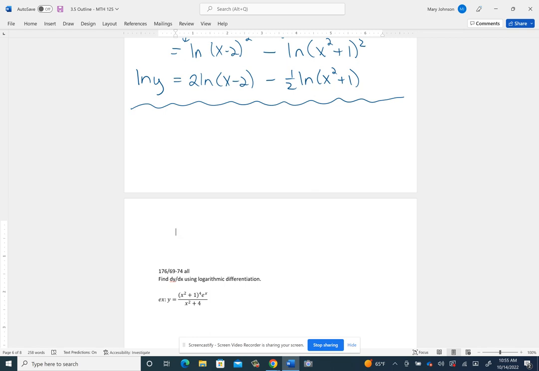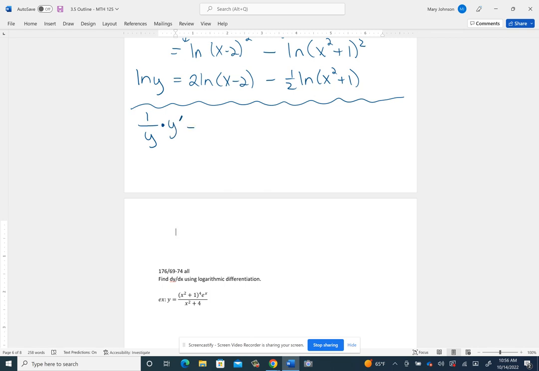Now, on the left-hand side, when I do the derivative of ln y, the natural log of y, I'm really using implicit differentiation. Remember that y is a function of x. So when I do the derivative on that left-hand side, I'll think of it just like a derivative of a natural log would be 1 over your input, but don't forget that y is a function of x, so you need to do the derivative of it.